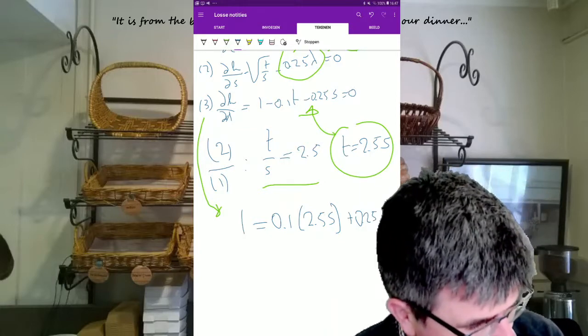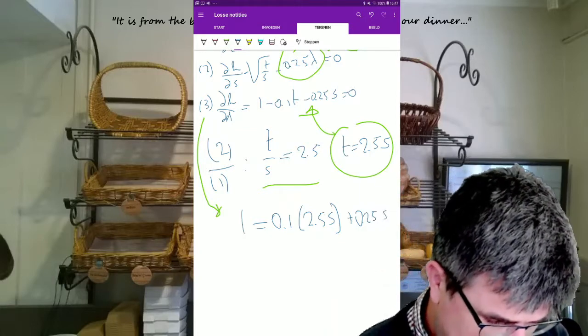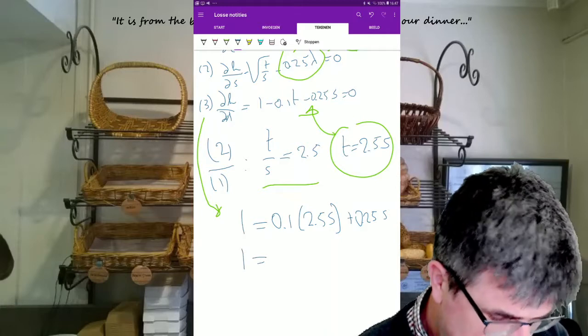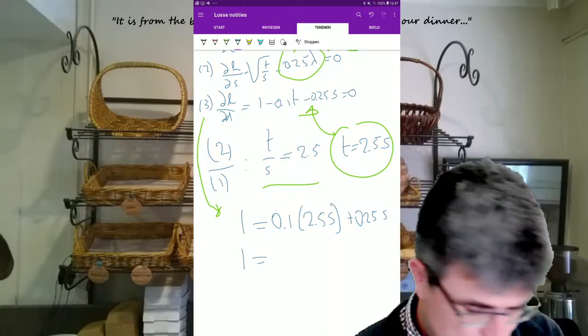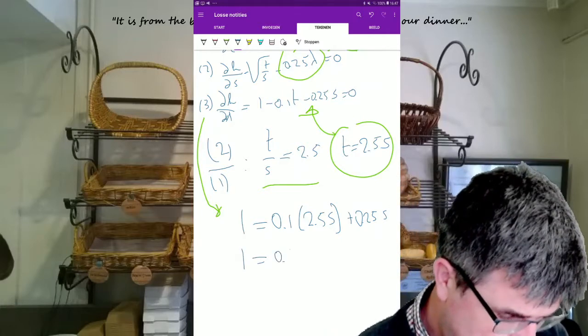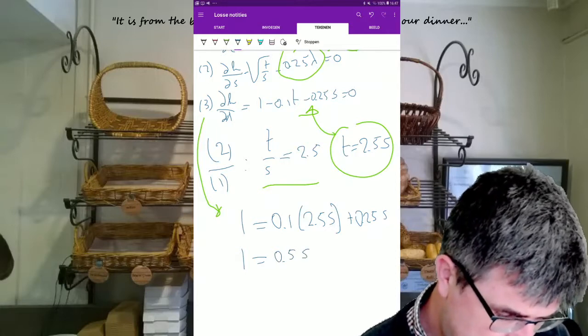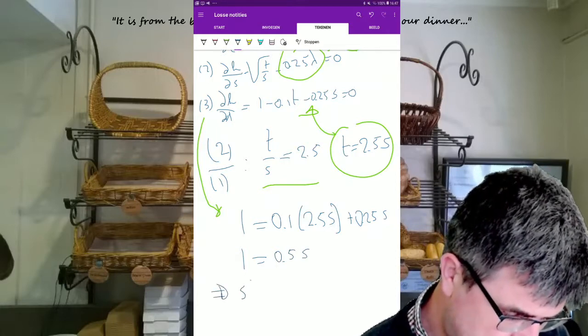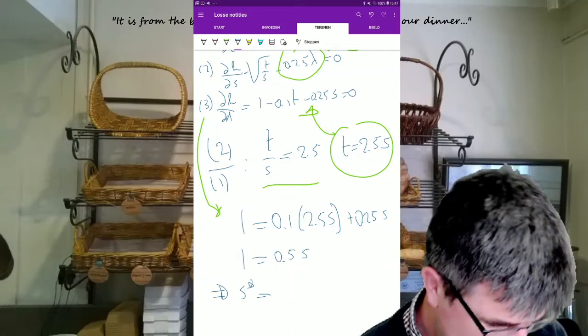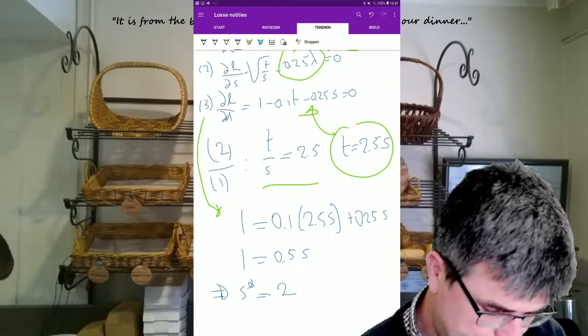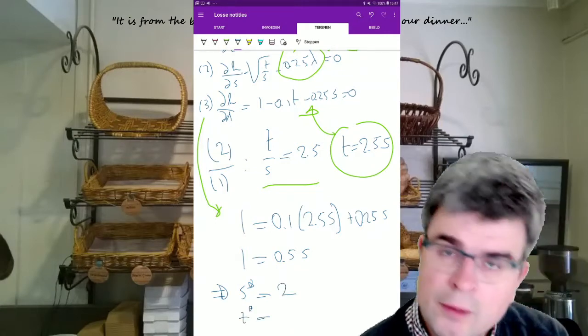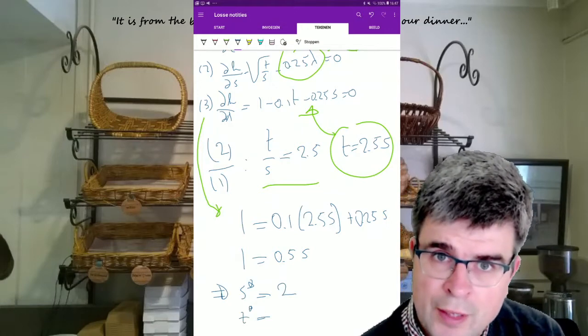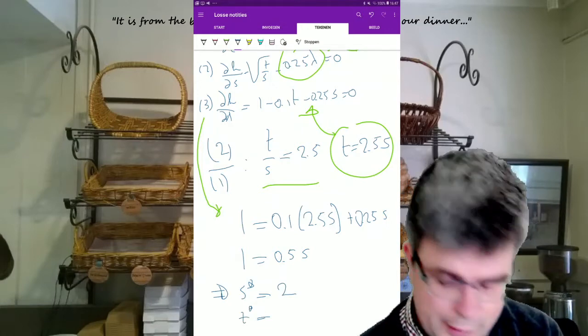So now we have an equation with only one unknown. So we can simplify the right-hand side to 0.5 S, and from that it follows that in equilibrium we will consume 2 sodas. Now, then we consume 2.5 times that number of Twinkies.